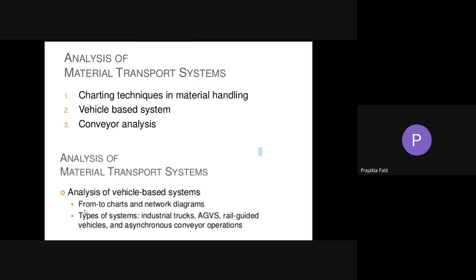As I said, AGVs are material handling systems which are going to move parts from one location to another location. That location may be a loading station or an unloading station, or some storage unit.